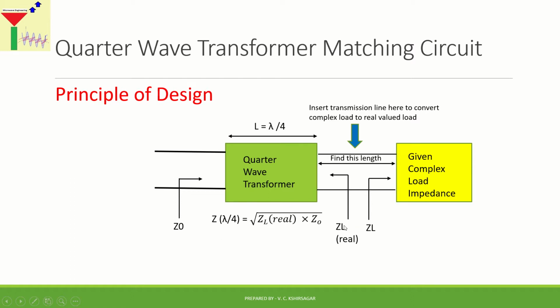And then this real valued load impedance will be transformed to the characteristic impedance of a transmission line by inserting a quarter wave transformer over here, whose length is lambda by 4 and whose characteristic impedance is given with this particular equation. Okay. So this is a simple illustration diagram which elaborates how to make use of a quarter wave transformer for matching a real value of load impedance with the transmission line.